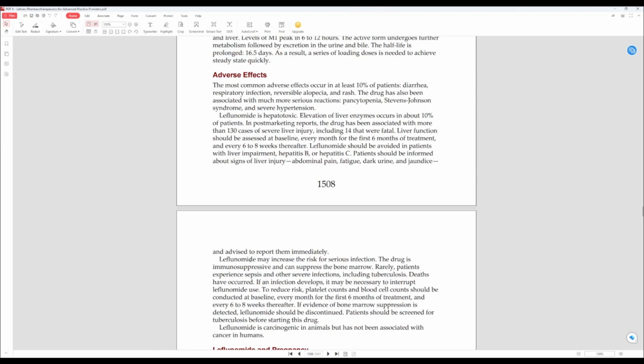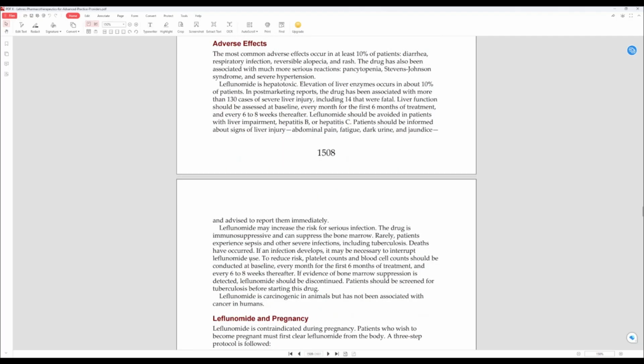The most common adverse effects occur in at least 10% of patients: diarrhea, respiratory infections, reversible alopecia, and a rash. The drug has also been associated with much more serious reactions, including pancytopenia, Stevens-Johnson syndrome, and severe hypertension. Leflunomide is hepatotoxic.